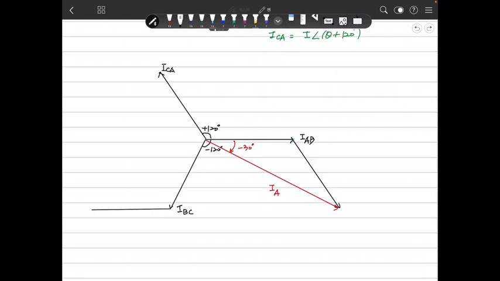IBC minus IAB, this is minus. Therefore, this is IB.